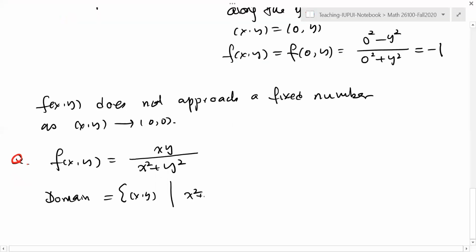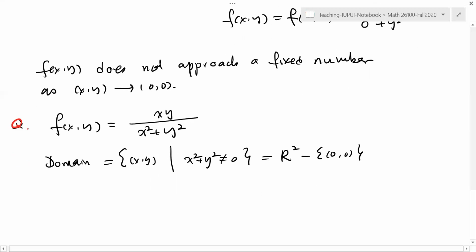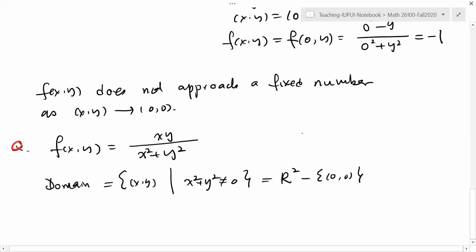So that means this cannot be the origin. This will be the whole plane with the origin deleted. That's the notation. So the function is defined in the whole plane away from the origin.